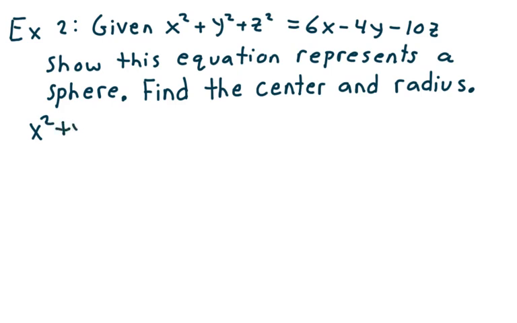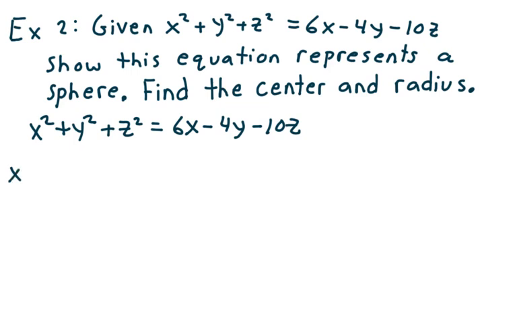So we have x squared plus y squared plus z squared is equal to 6x minus 4y minus 10z. Now, I'm going to collect the x terms together, the y terms together, and the z terms together. So in other words, I'm going to group them in that particular order.